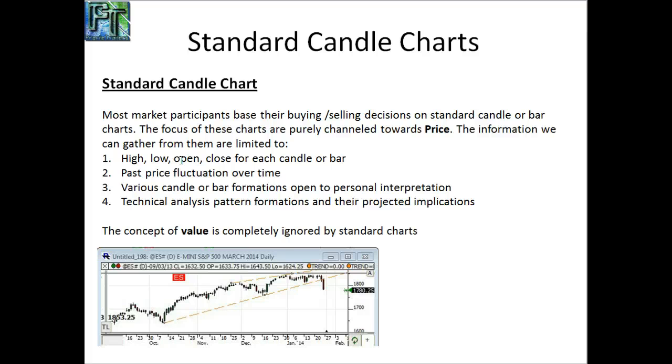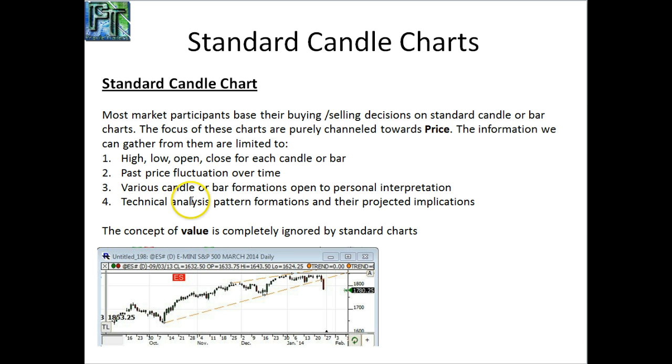You also have a very good view and idea of past price fluctuation over time. For example, here I can see that this chart of the S&P E-mini future daily has gone up from October of last year all the way to January, February, pretty much straightforward up. So I know how price fluctuated within time.